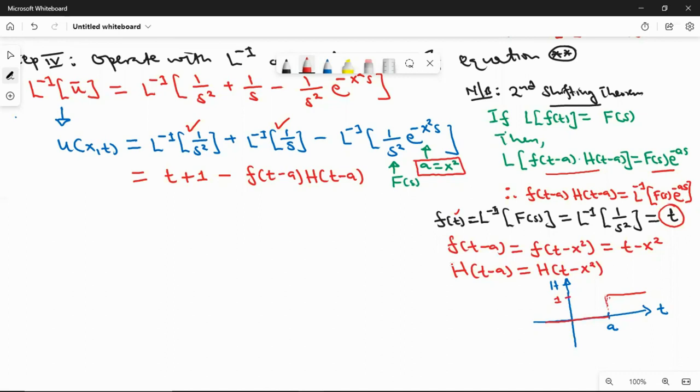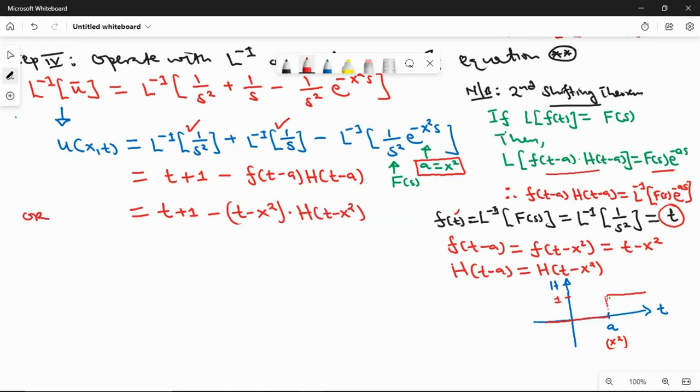So in this case, instead of a, we are now talking of x squared. So to the left of x squared, the function is 0. And to the right of x squared, the function is 1. So coming back to our transform, the answer here will be t plus 1 minus f of t minus a. We got t minus x squared, then times h of t minus a, which we got as h of t minus x squared.